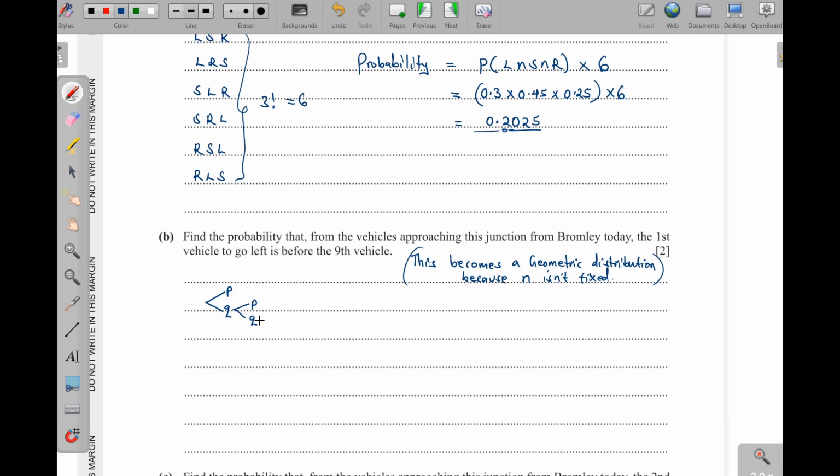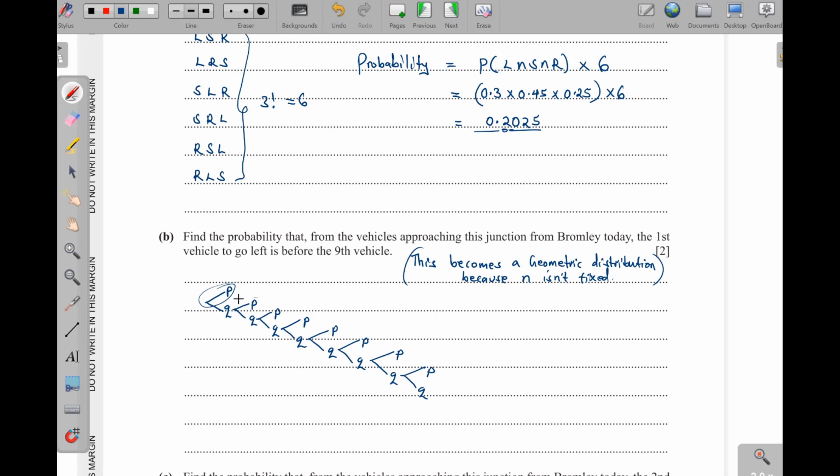So P, Q, P, Q, P, Q, then P, Q, P, Q, P, Q, P, Q. And they said is before. If they say is before, that is less than 9. So we are supposed to sum up to 8.